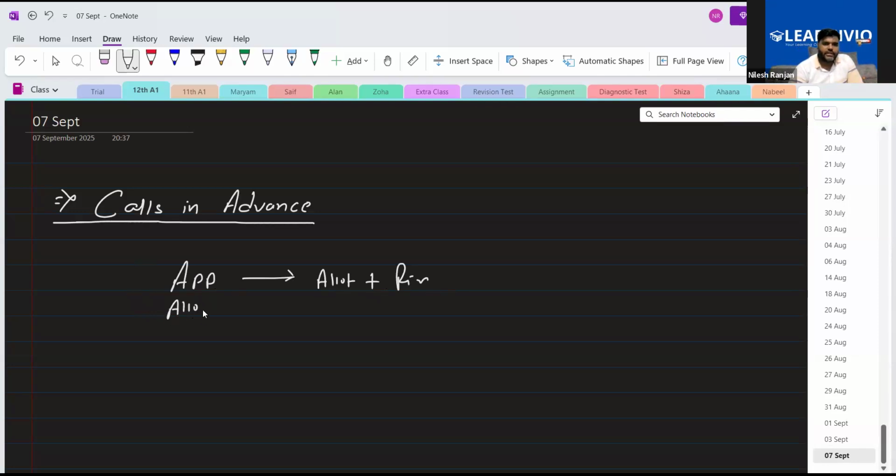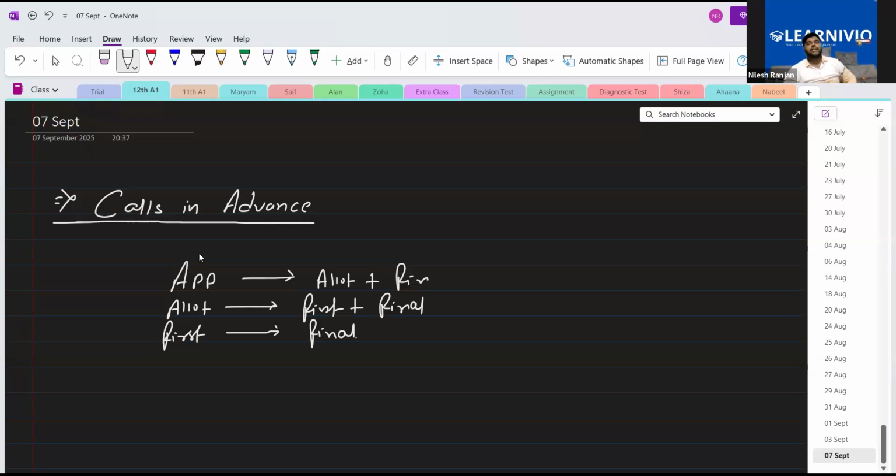On allotment, if any shareholder has decided to pay the first call, final call, and on first call, if any shareholder has decided to pay the final call. Okay. So in this situation, all of these payments will be treated as calls in advance.